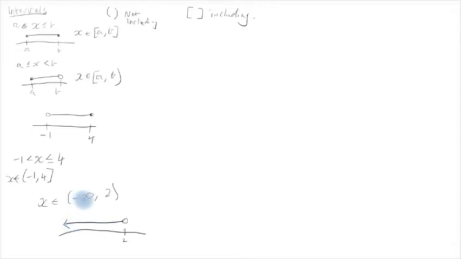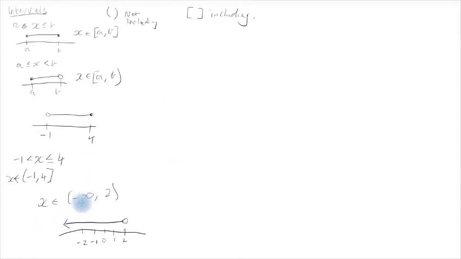So negative infinity basically means infinity that goes backwards into the negative region, continuously all the way to as negative as you want.